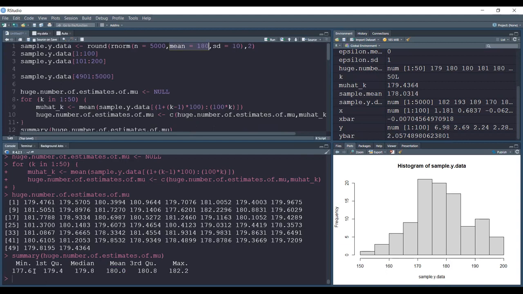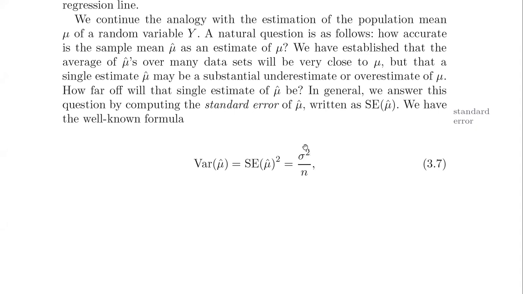Now, can you calculate this 177.6 and this 182.2? Yes, by using this formula. This is going to give you both sides of the interval. It's centered at 180. It's centered at the true mean. And this is called the standard error of mu hat. Mu hat is what you're estimating. And the definition is the following.